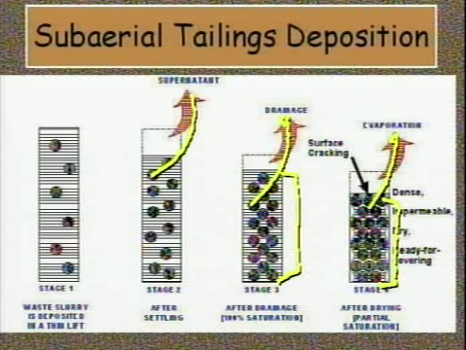We do not have to wait sometimes for many, many years for the tailings mass to dry out, as with subaqueous tailings deposition situations. So at stage 4, the tailings are very dense, and more important, they're much more impermeable. Thus, when exposed to a rainstorm event, much of the precipitation runs off and reports to the decant pond.